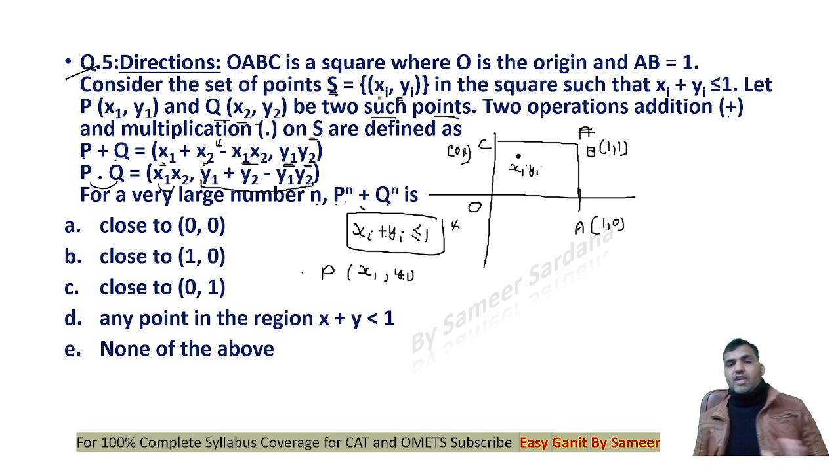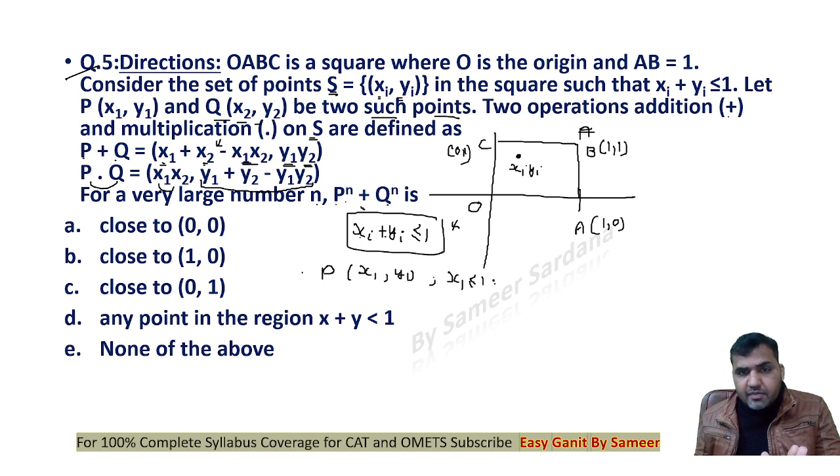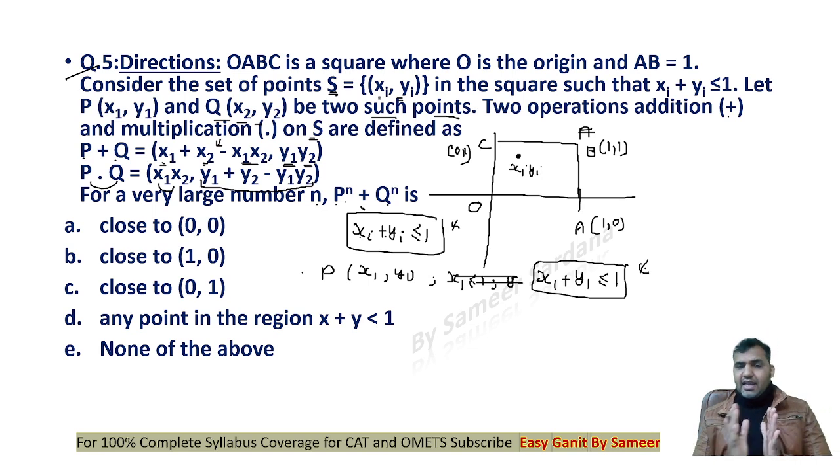Because x1 plus y1 is less than or equal to 1, can I say that the value of x1 will be less than or equal to 1, as well as y1 should also be less than or equal to 1, with the condition in mind that the summation of x1 plus y1 has to be less than or equal to 1. Either you take any point or you just try to understand that x1 plus y1 combined should be less than or equal to 1. Now guys, I try to find out the value of P power n.